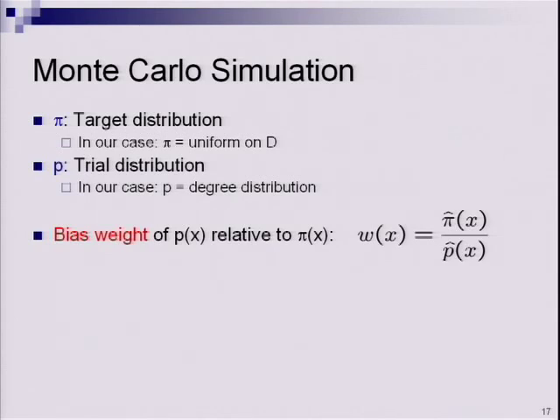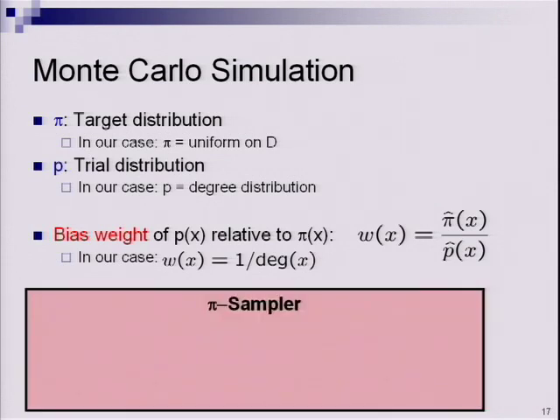You'll understand in a second what they mean. In our case, we can compute these bias weights. In fact, the bias weight of a document X will be just 1 over the degree of that document. And I already mentioned that we know how to compute degrees. Therefore, we can also compute bias weights.